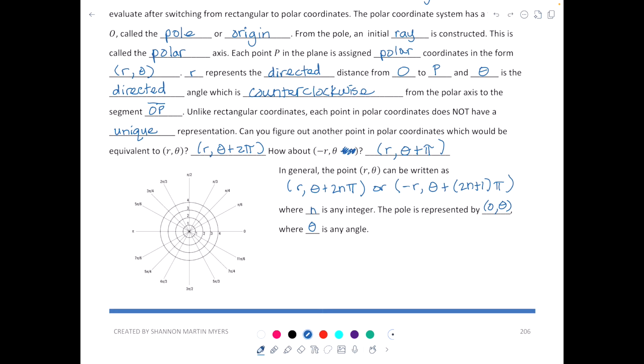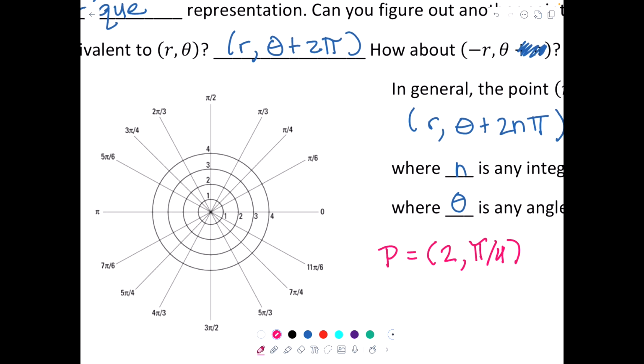So basically, let's say we had the point P equals (2, pi over 4). I'll zoom in here. You would count out 2 from the pole, I'm looking at this and I'm counting out 1, 2.